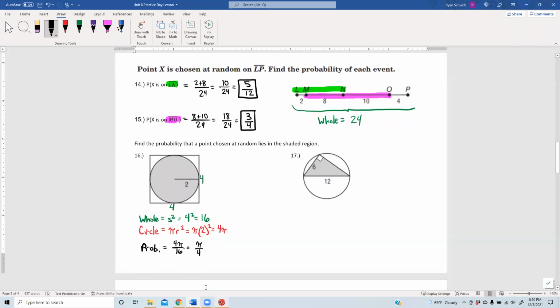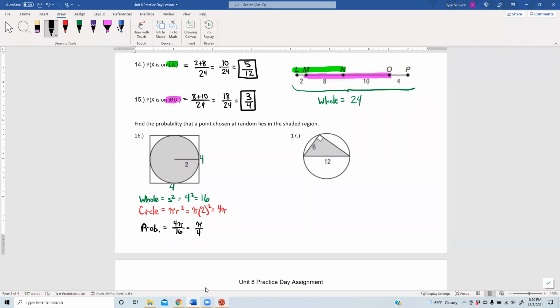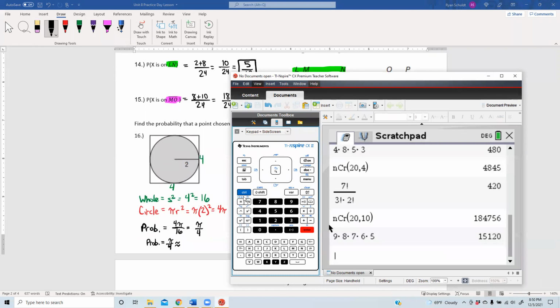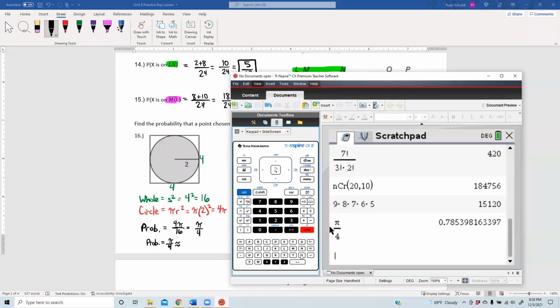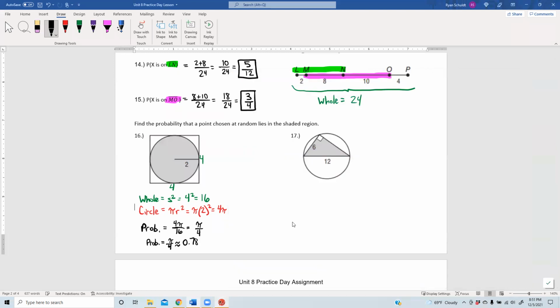They don't tell us how to write our answer. So I'm going to say the probability is equal to pi over 4, which is approximately equal to, let's type it in the calculator. Pi divided by 4. 0.785. That's our probability, 0.785.